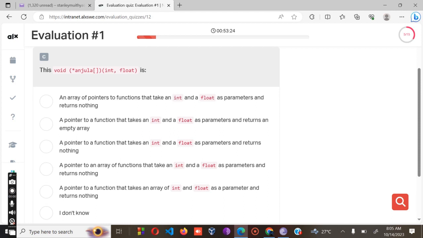Okay, the correct answer for this one, sorry, it's an array of pointers to a function. So the correct answer is this one.